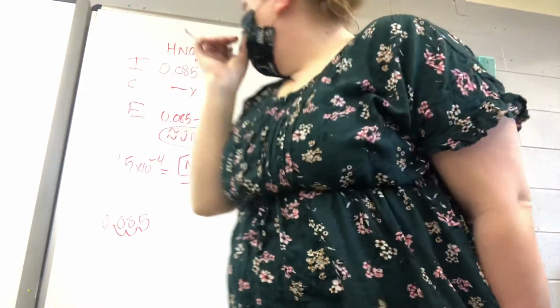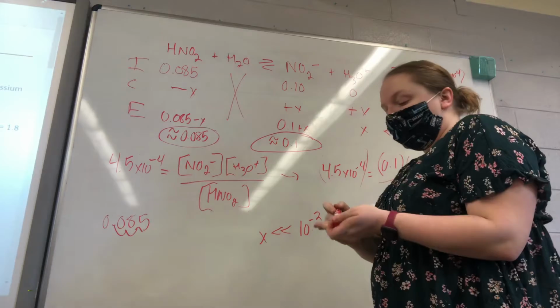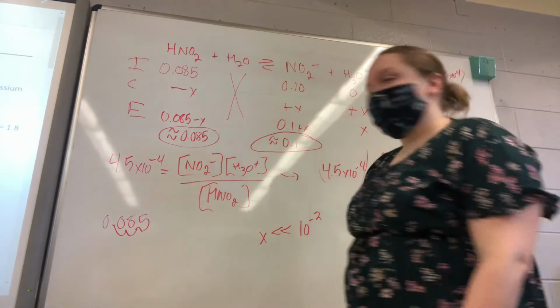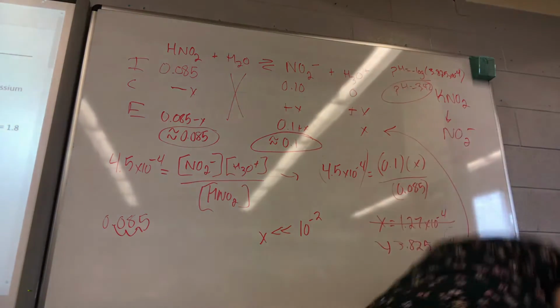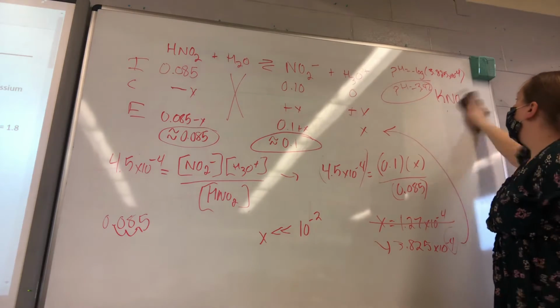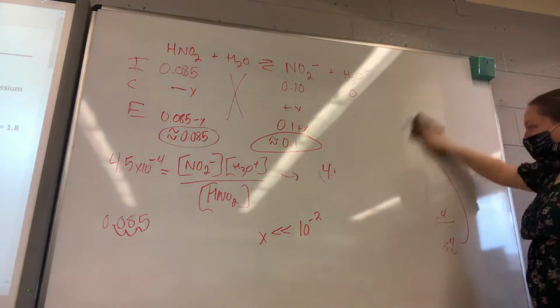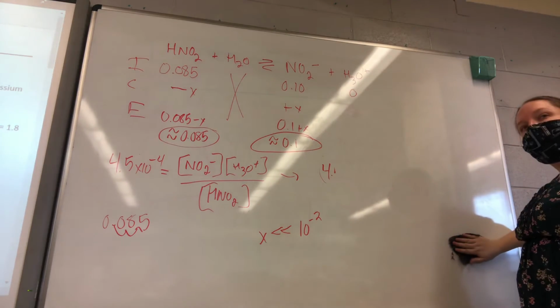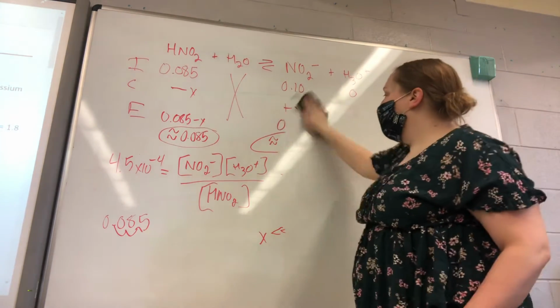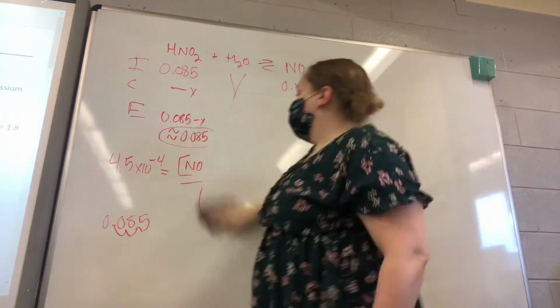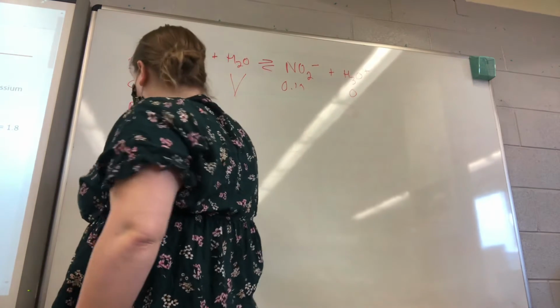All right. Let's do another one. Set it up. Try to get the equation first. If you're given a Ka, you can assume the Ka is going to involve itself in the actual reaction.